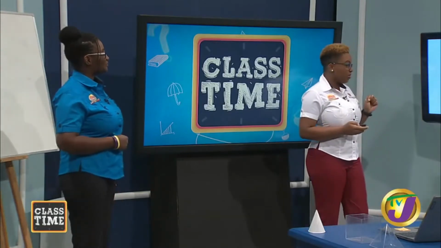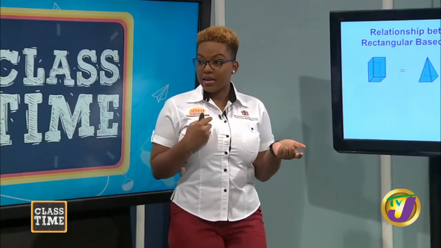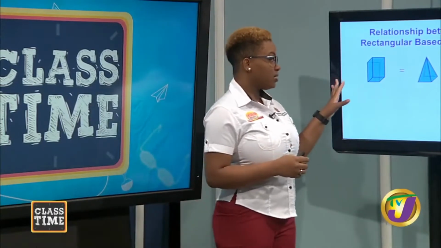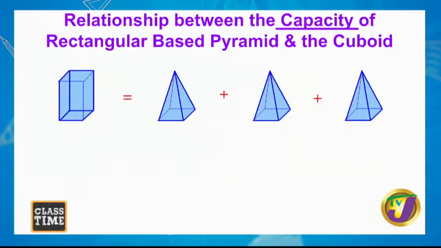Based on the video, we saw that the capacity of water in the rectangular based prism, the cuboid, was filled by filling 3 rectangular based pyramids of the same perpendicular height, and the area of the base of the pyramid and the area of the cross-section of the cuboid were the same. Yes, similar to what we saw before.